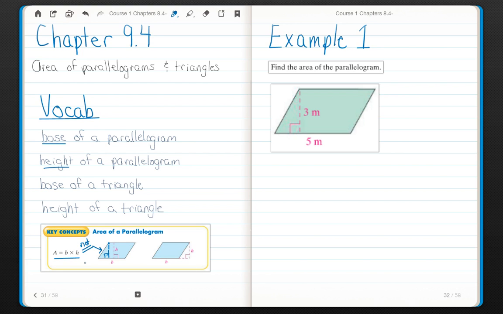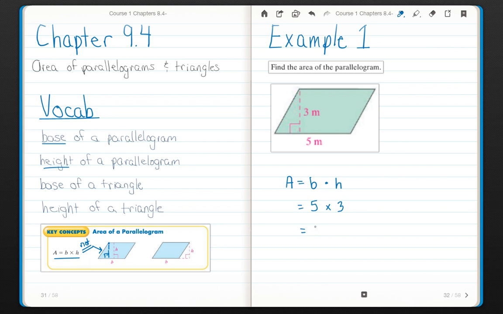So let's take a look at example 1. Find the area of this parallelogram. I want you to start by writing the formula. Area equals base times height. I see that the base equals 5 meters. My height, the vertical distance here, is 3 meters.